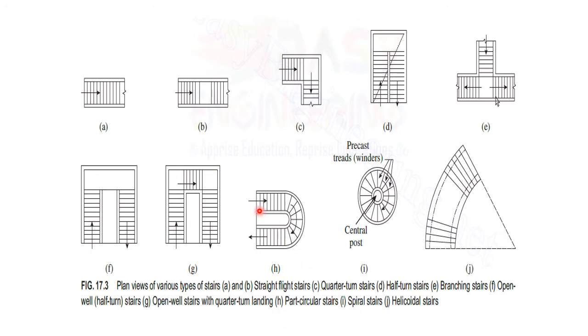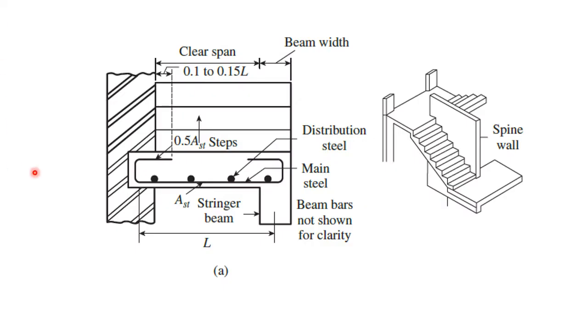Then H is the part circular stairs, I is the spiral stairs, and J is the helical stairs. These are some different types of representations of staircases. In the design and detailing of this staircase, we are going to concentrate only on the dog-legged staircase.